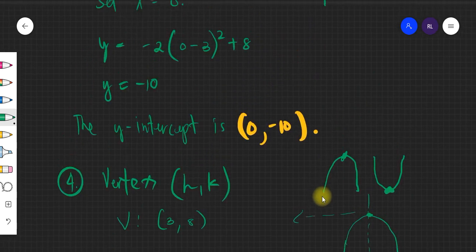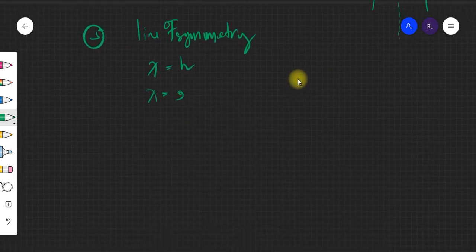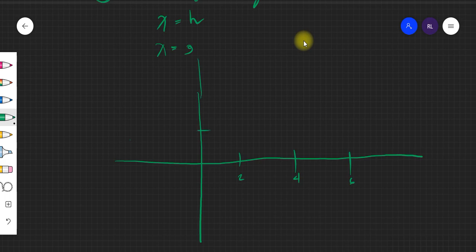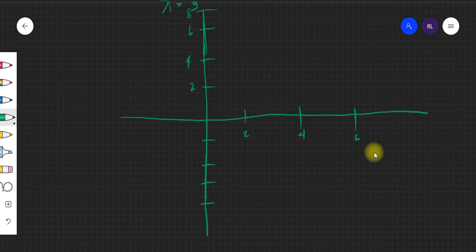Suppose we have this, I'll mark 2, 4, 6 and then 2, 4, 6, 8, then 2, 4, 6, 8, 10.